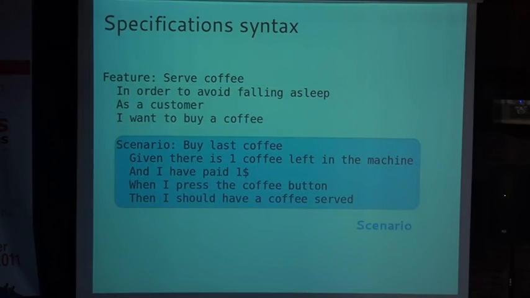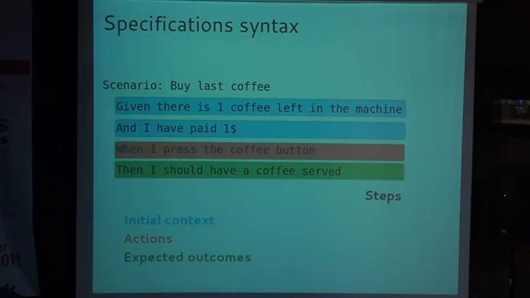Then we have scenarios. Features can have one or more scenarios. The scenarios describe interactions between the user and the application, and are composed of steps. A step describes in detail this interaction. We have three kinds of steps.